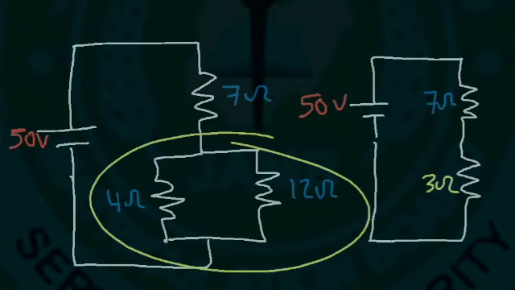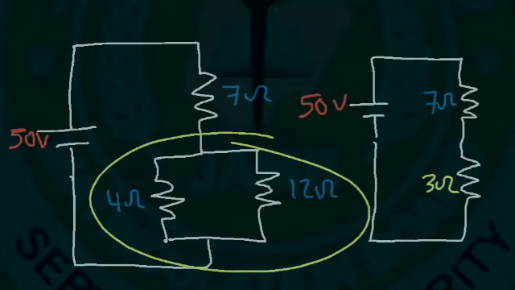Whenever you add two resistors in series, the total resistance increases because less current will travel through them. It's harder to travel through two resistors instead of one. Now, whenever you add two resistors in parallel, the current increases, so therefore the total resistance goes down.